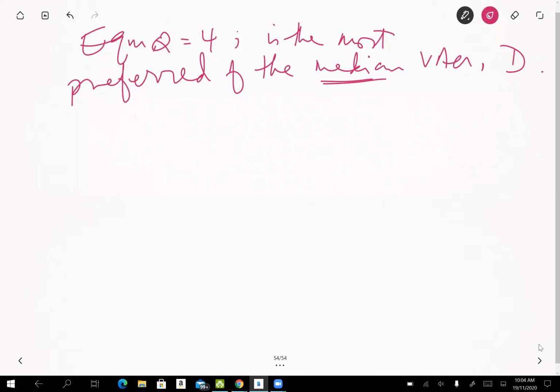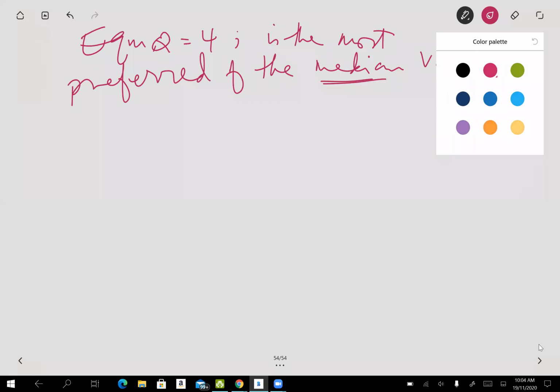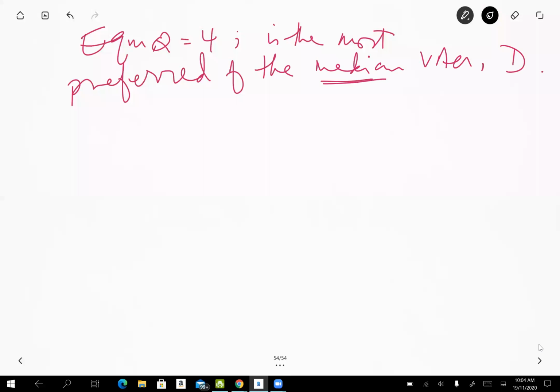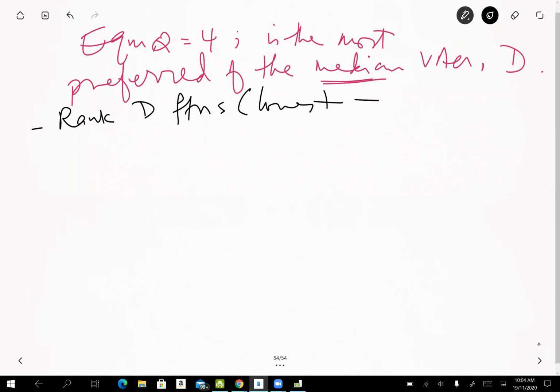The median voter is the voter that is in the middle. When you rank the demand functions of everyone from the lowest to the highest, you will see that D is in the middle. But D is not simply in the middle.